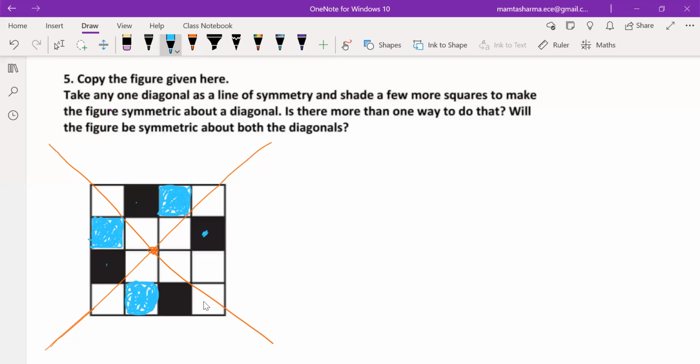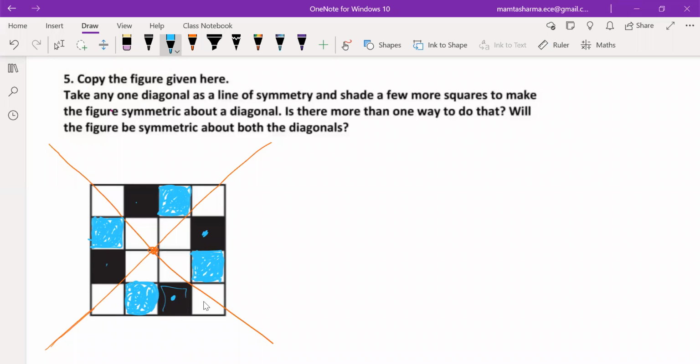Now, the fourth one. Which one is the opposite of this black square? This one. Okay. So you can paint this square. Now, after painting these 4 squares, this figure will look like a symmetrical figure.